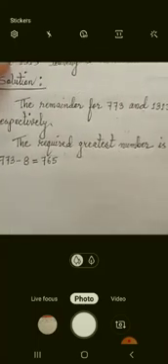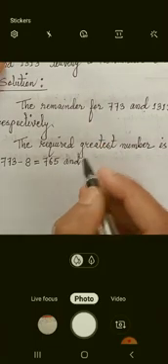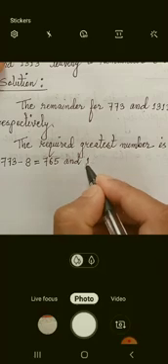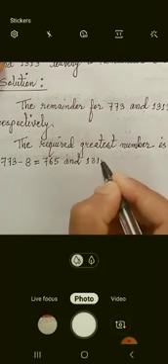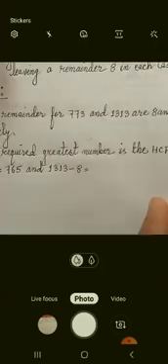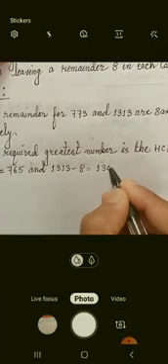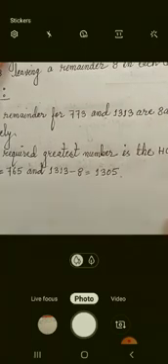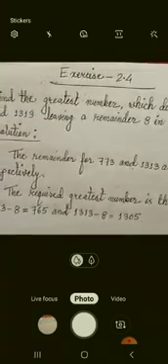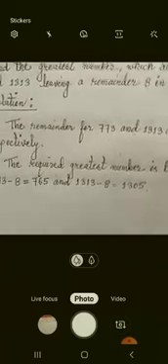Understood? In the same way we should subtract this remainder from 1313 also. As a result we will get 1305 only.